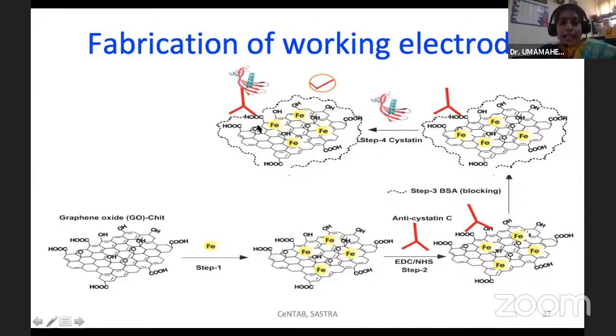And we used an antibody against cystatin C, which was immobilized on the reduced graphene oxide, which was functionalized with some amount of COOH, and we obtained the sensing layer. So the sensing layer was the antibody that was immobilized, or I would say entrapped, on the surface of the reduced graphene oxide interface.